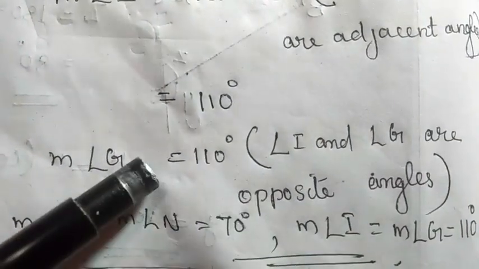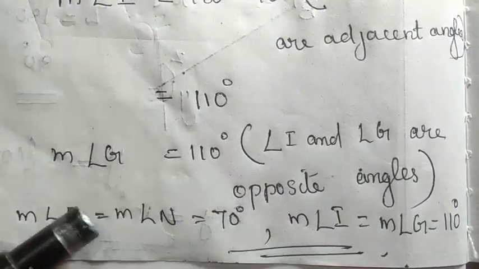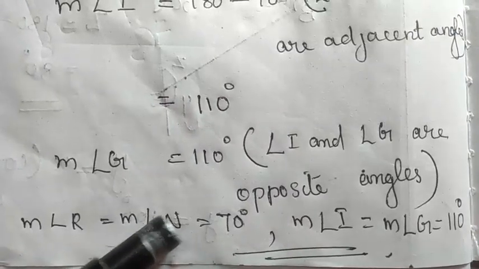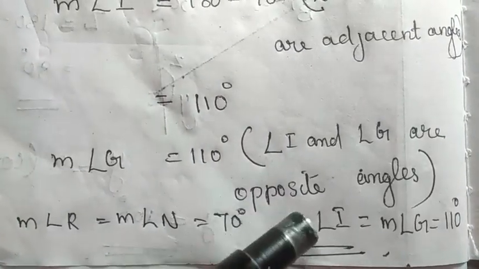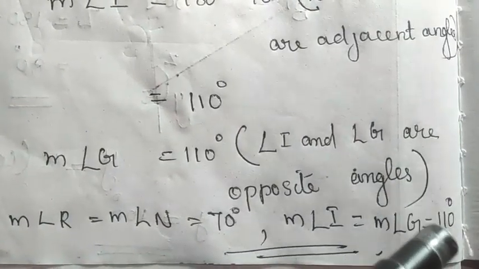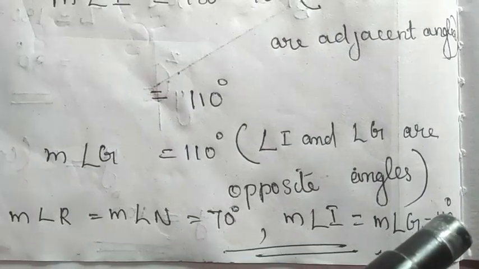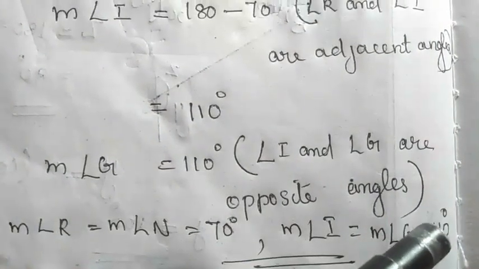Opposite angles are equal. So, we can conclude the answer that measure of R equal to measure of angle N equal to 70 degree and measure of I equal to measure of G equal to 110 degree. These are the four angles in the parallelogram RING. Okay.